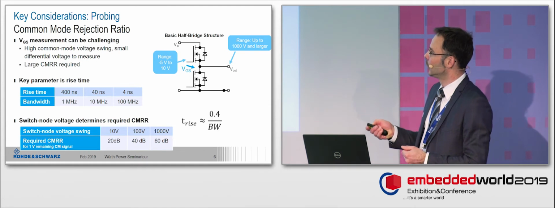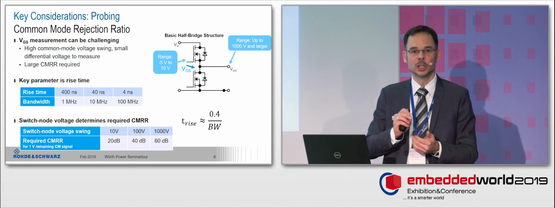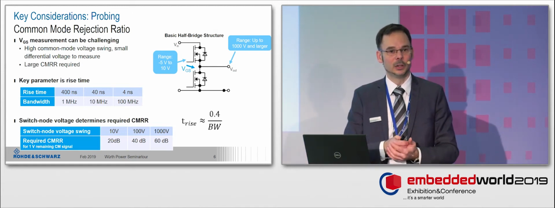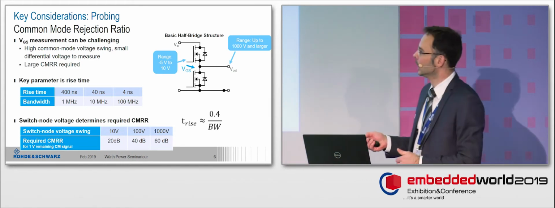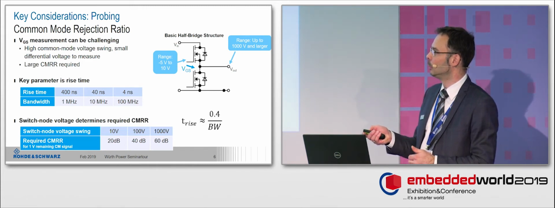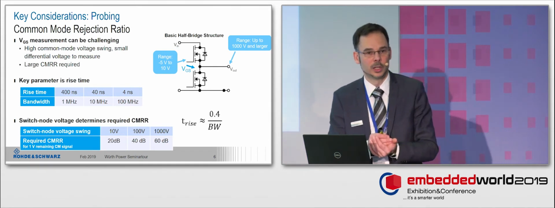The first thing you have to think about is the rise time of the switch node, and what is the corresponding bandwidth, because this will tell you what common mode rejection ratio, at what frequency, you need. Let's say you have a slow design: 400 nanoseconds would be a bandwidth of 1 megahertz, 40 nanoseconds 10 megahertz, and 4 nanoseconds, a very fast design, would correspond to a bandwidth of 100 megahertz.